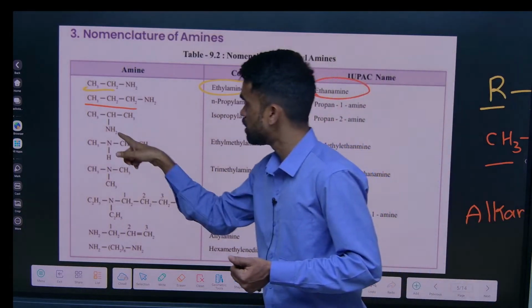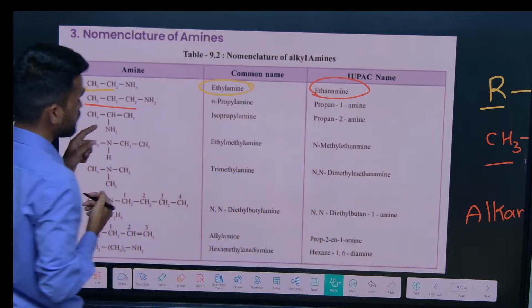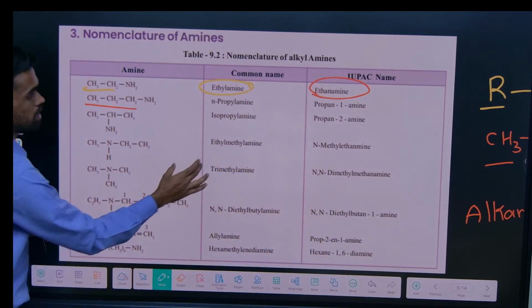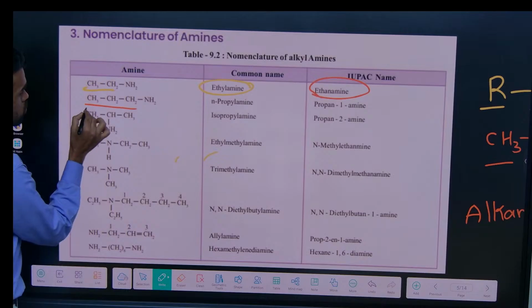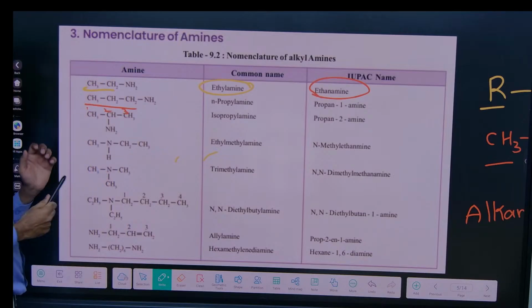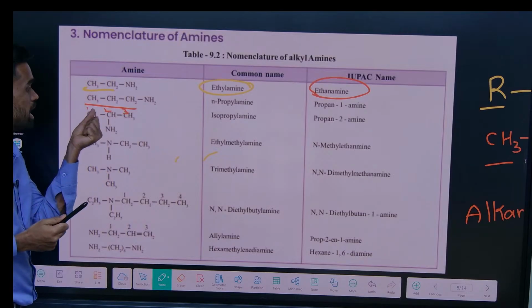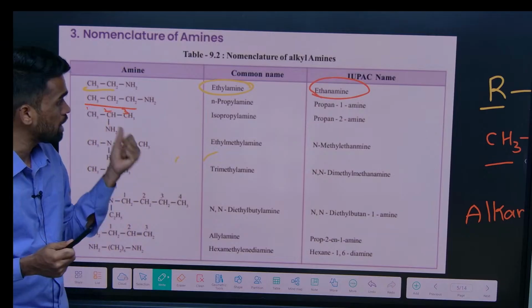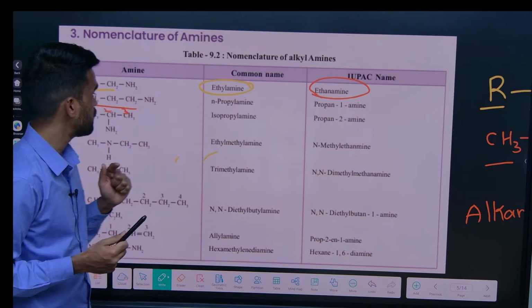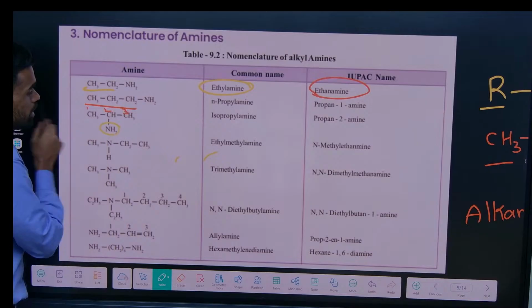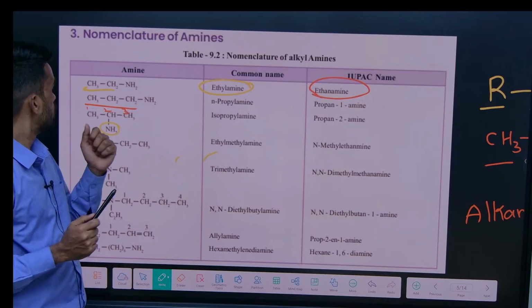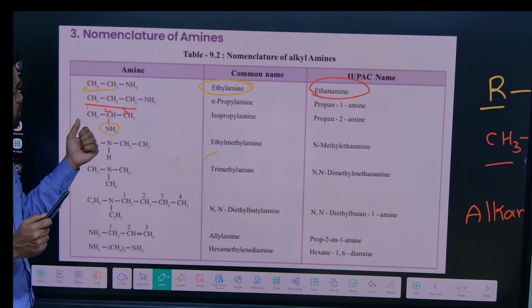Here, just give the numbering: 1, 2, 3. We can give the common name as isopropyl amine, but for the IUPAC name, at second position the NH2 group is there, so you can say propan-2-amine.